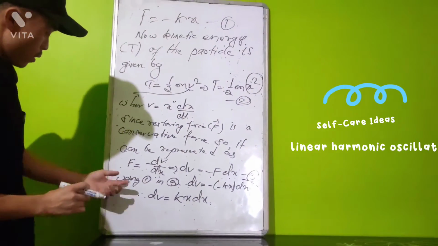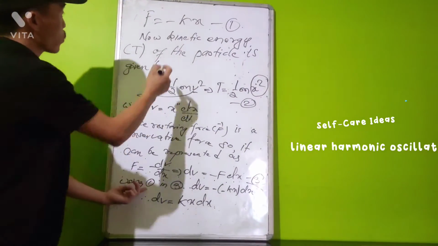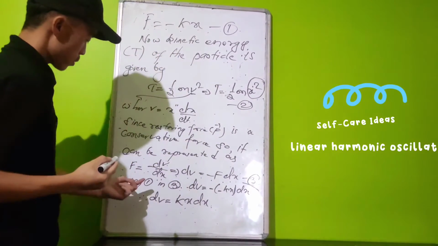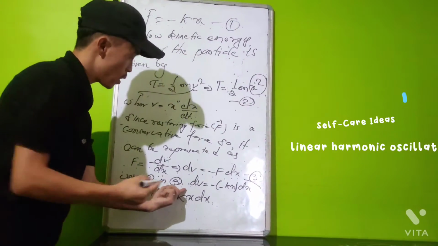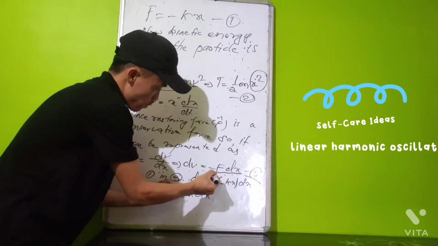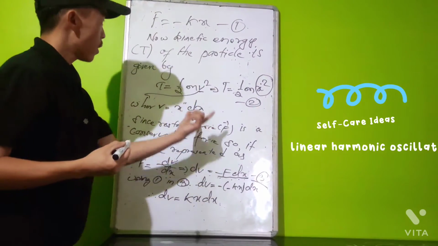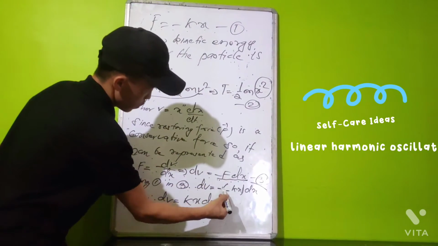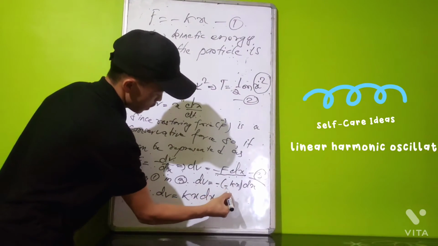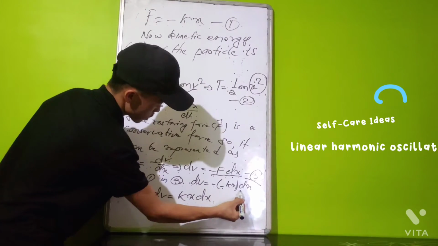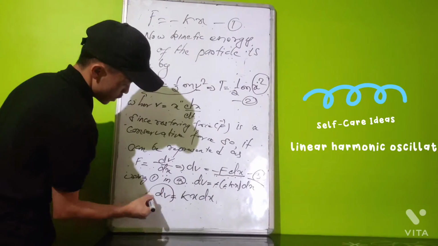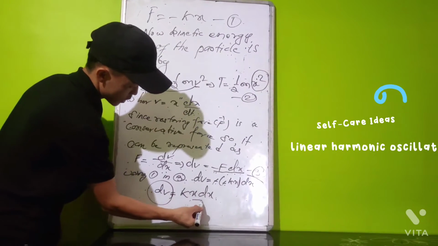Using equation 1, we have F equals minus kx, and in equation 3 we have minus F dx. Substituting equation 1 into equation 3, we get minus of minus kx, the minus signs cancel, so dV will be equal to kx dx.